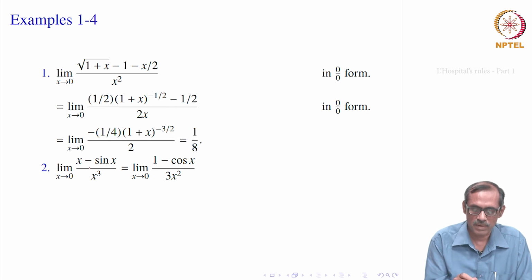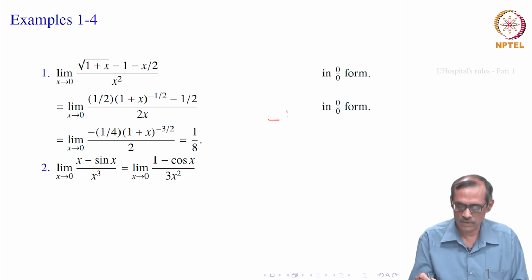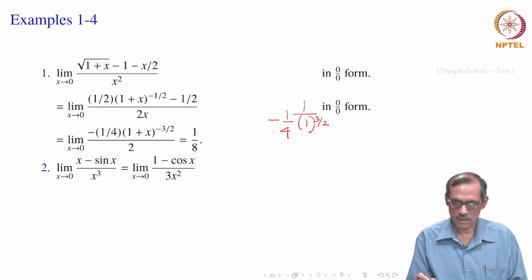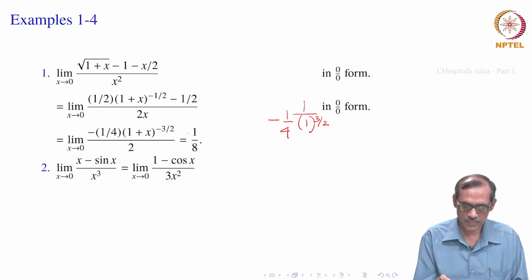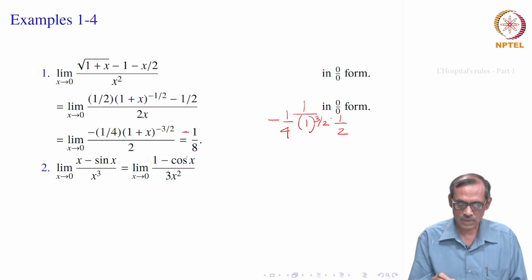So, it is minus 1 by 4 into 1 to the power minus 3 by 2, divided by 2. There is a negative sign, right, so that should be minus 1 by 8. This gives us 1 and there is another 2 of course, 1 by 2. So, that gives you minus 1 by 8.